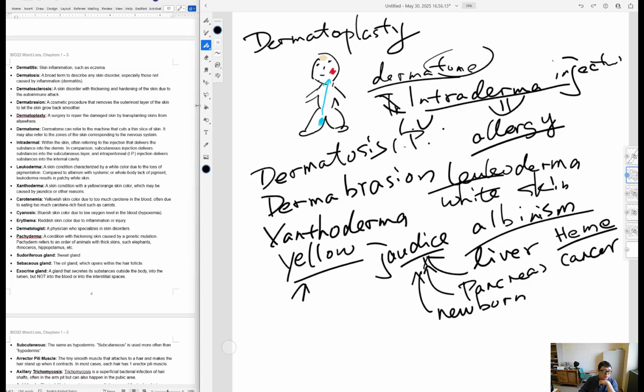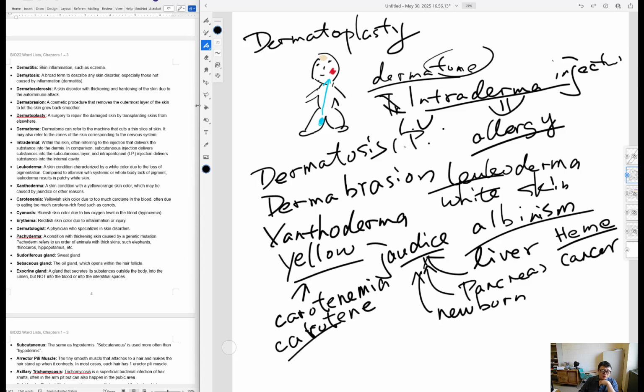Another thing that causes yellow skin is called carotenemia. Carotenemia is too much carotene in the blood.